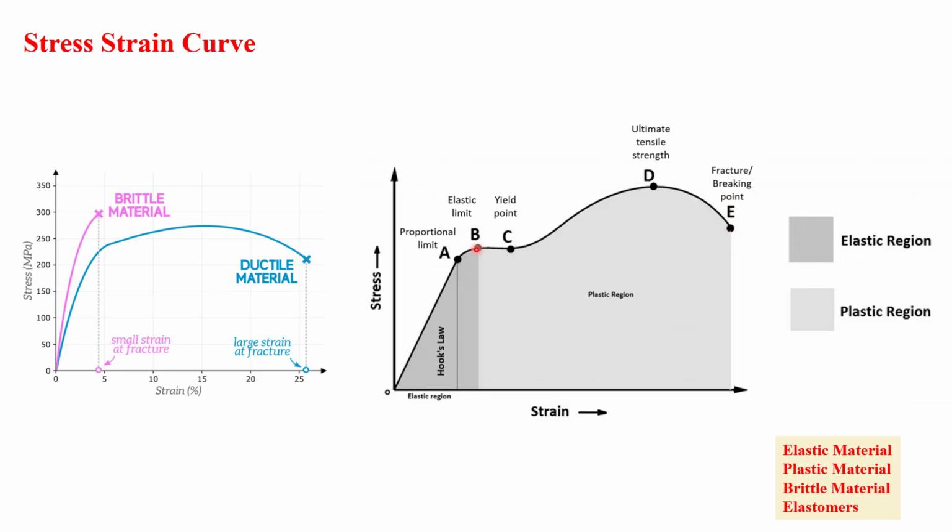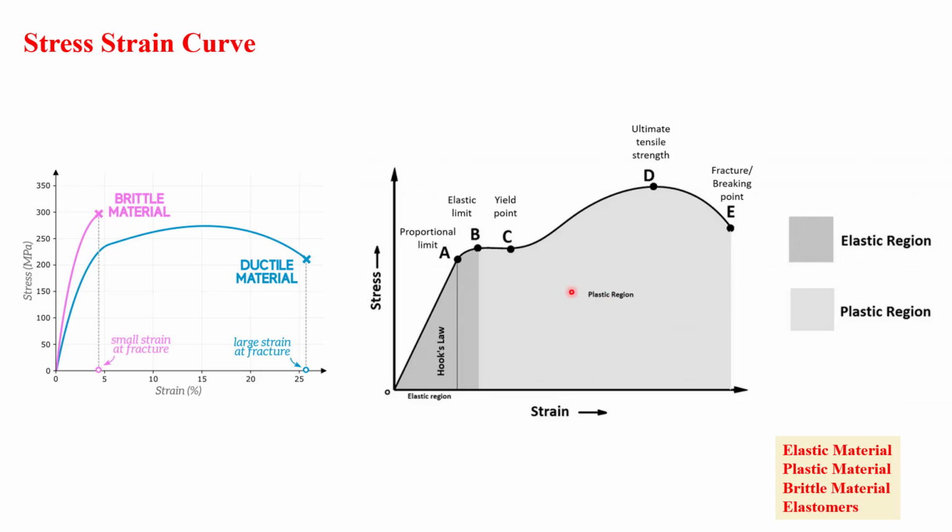From B to E, the component is in the plastic region, so it will permanently deform from B. Before B it will retain its shape, but after the elastic limit it will lose its shape.